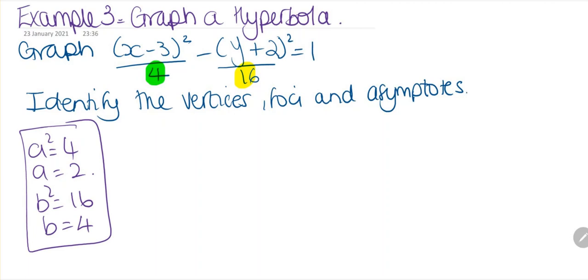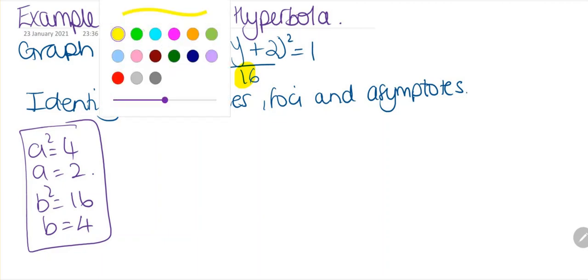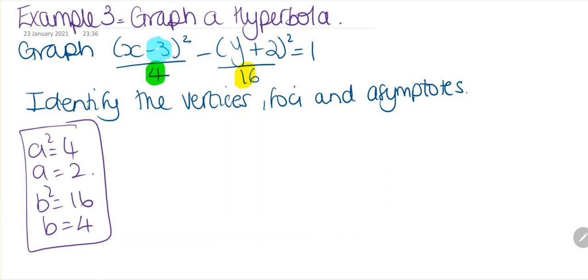So this is going to give us our information on how we're going to draw our graph. We need to look at the center. It's going to be translated from the origin by minus 3, so it's going to be 3 and minus 2.